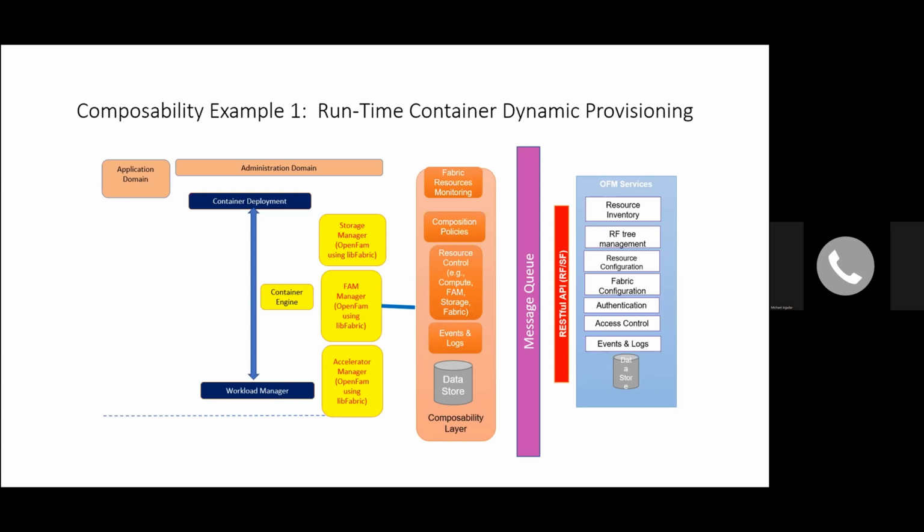And the OFMF provides all that information, and then in turn, the composability manager will say, okay, I want these resources, these links, compose a system for me. The OFMF goes out to the agents or out to the hardware directly and composes the system up, updates its database basically in the Redfish tree, and then provides that information. I've got an OK to the composability manager, and the composability manager goes back to the container and says, okay, everything's here, ready to go. Next slide.